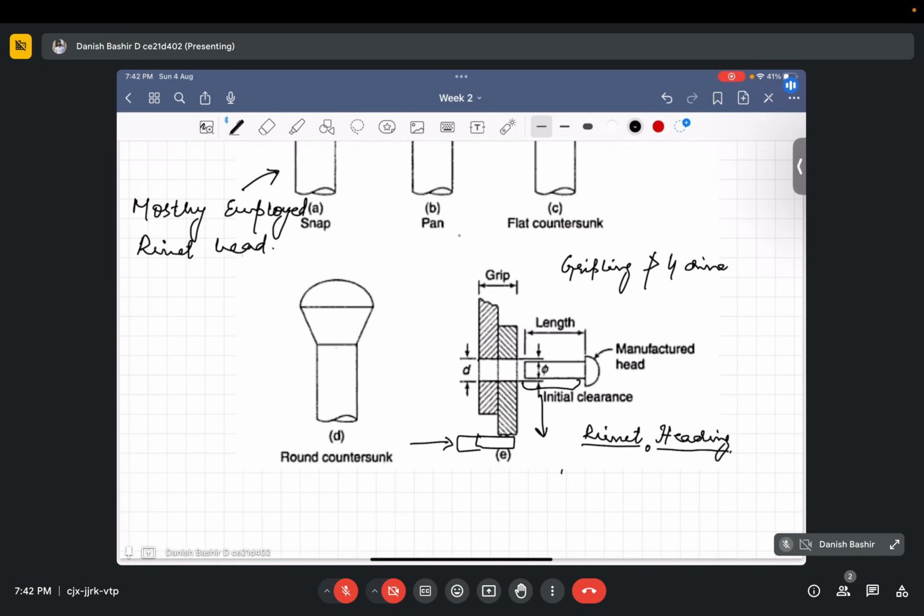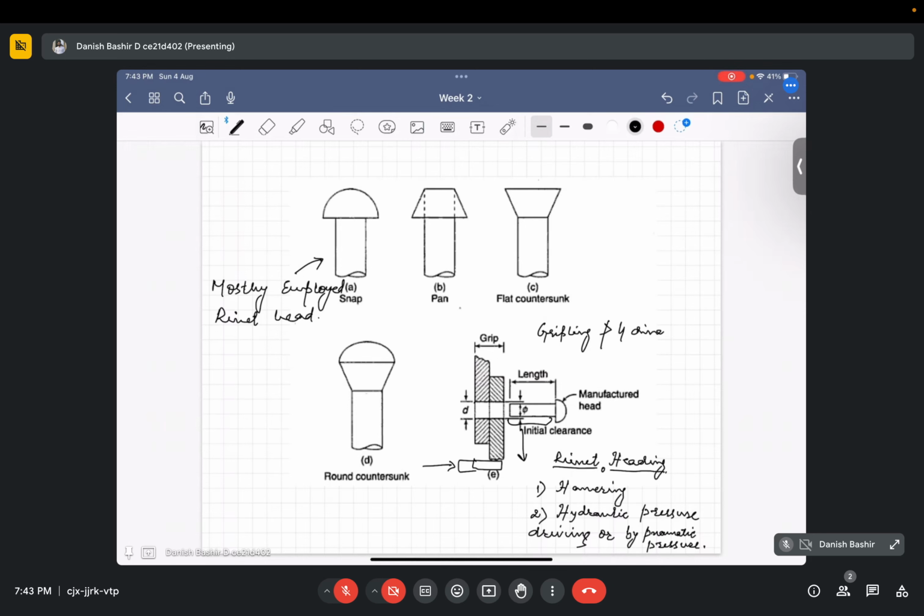First case is by hammering, and in second case it can be done by hydraulic pressure driving, or by pneumatic pressure driving.